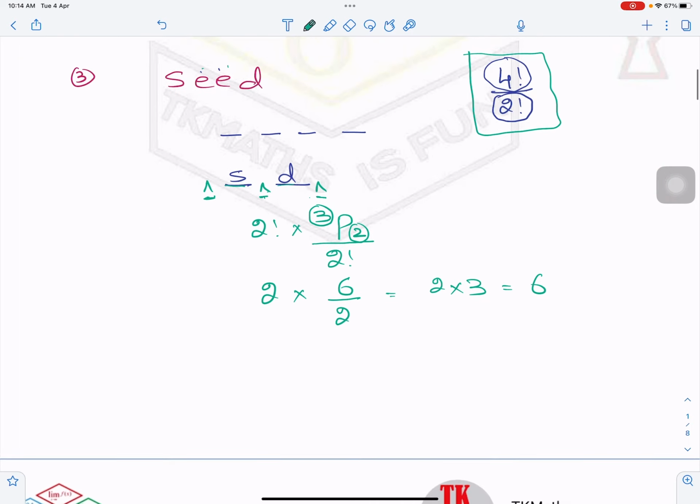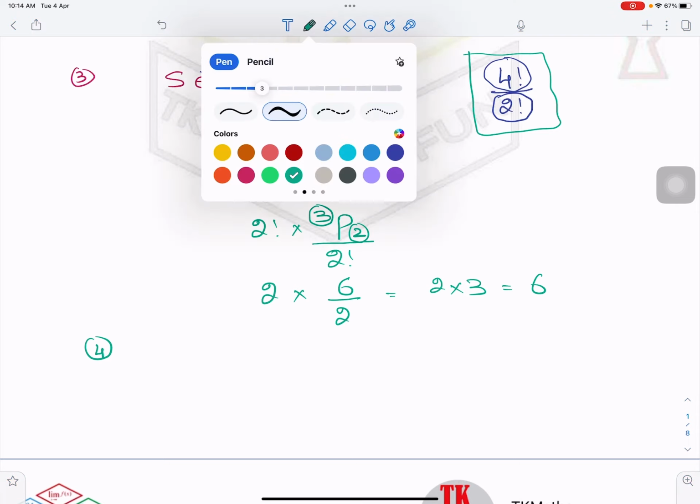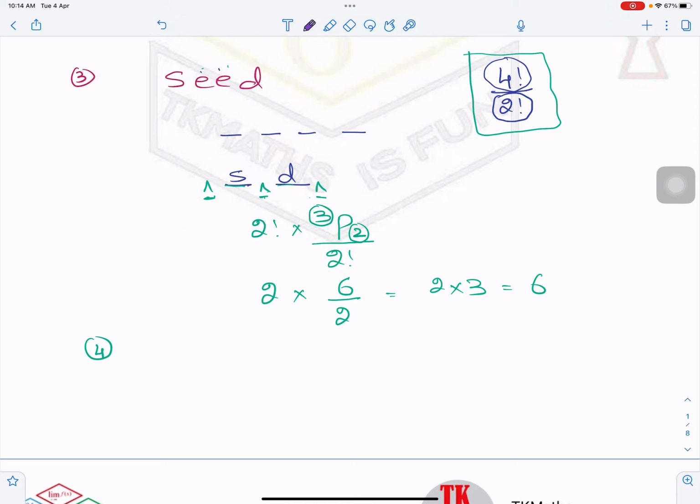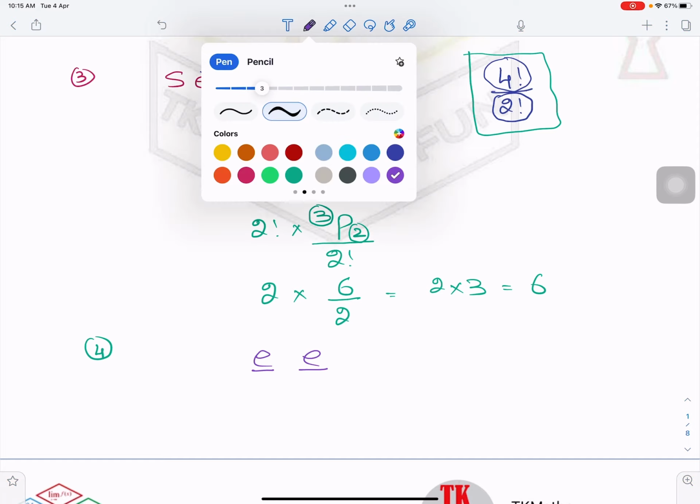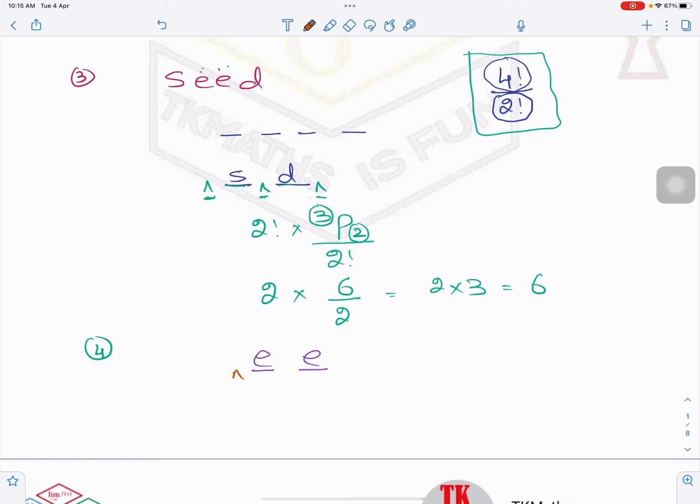Now let's take a case where S and D should be separated. Now I'm reversing the case, right? So now I am taking a case where S and D should not be together. So it means E will come here and S and D should come here in between or in the beginning or end.